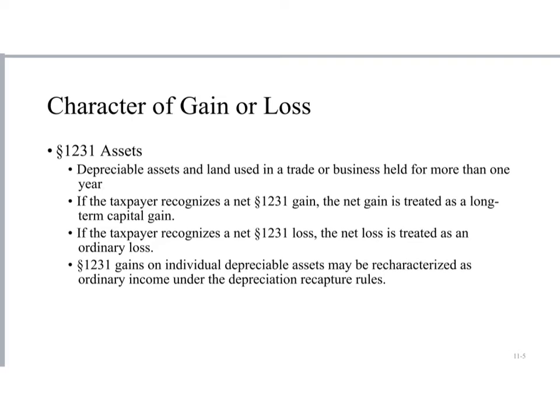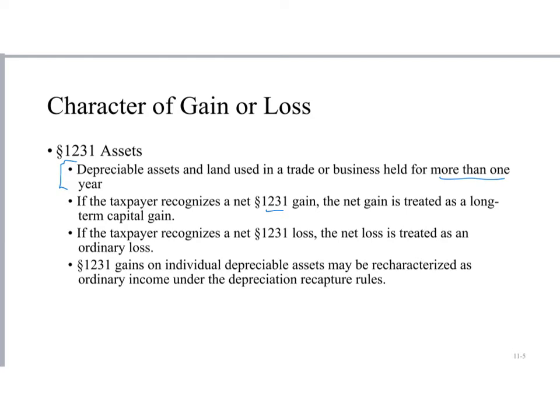So what are potential 1231 assets? Potential 1231 assets are depreciable assets and land used in a trade or business held for more than a year. So already you have to have essentially business property that's been held for more than a year. If there's a net 1231 gain, then that's treated as long-term capital.